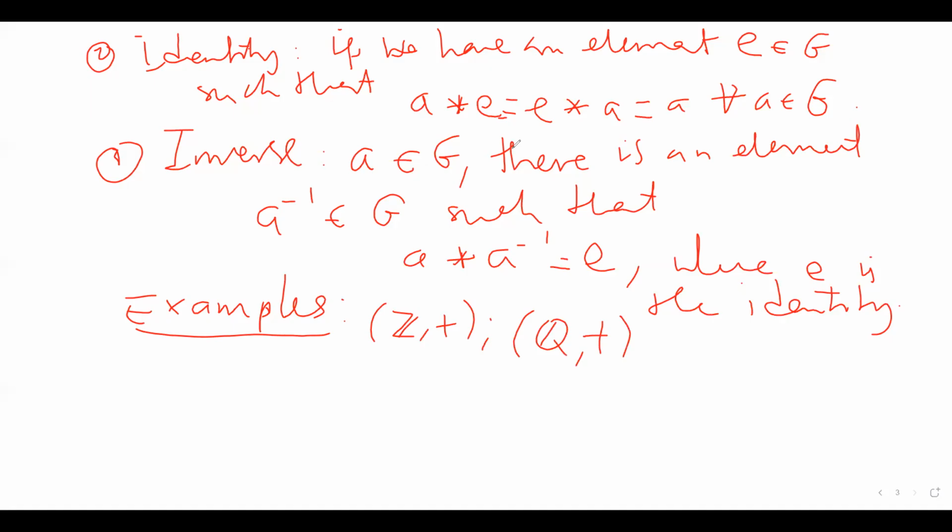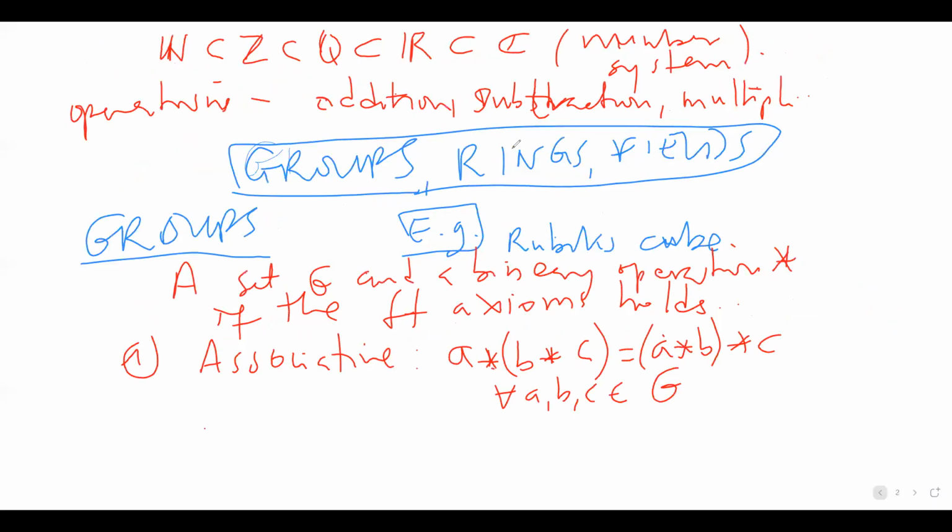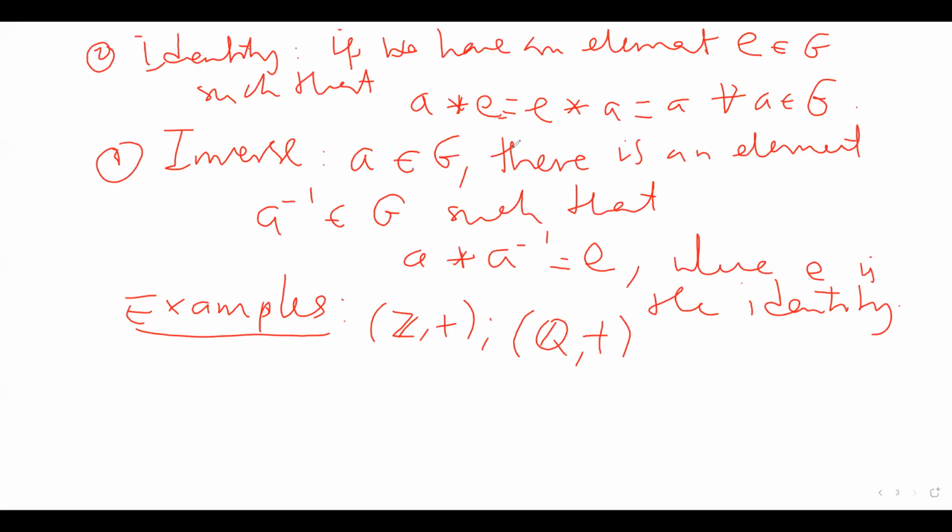If you take the set Z, you can have the identity, the inverse, and the associative property satisfied on the integer number system. And of course, the rationals as well.